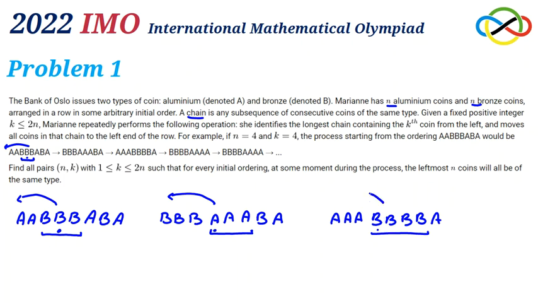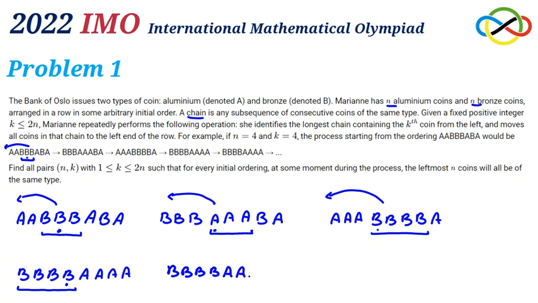Now, if we move it again to the left, it will be 4 B's and 4 A's. If we do it again, the fourth coin's longest chain, moving this to the left, won't change anything. So after this, again, we have the same thing: 4 B's, 4 A's. Okay.